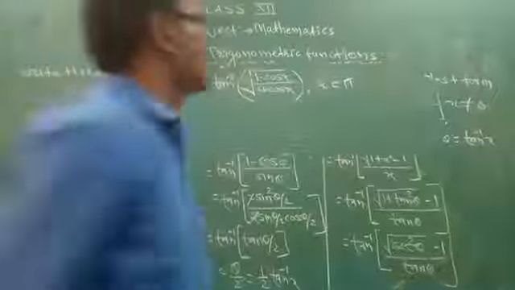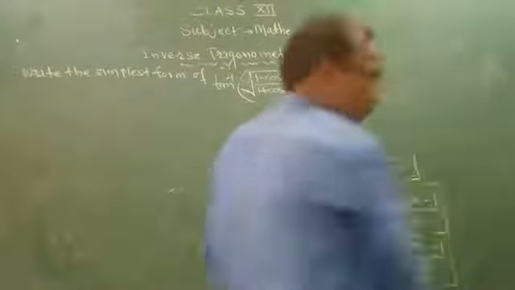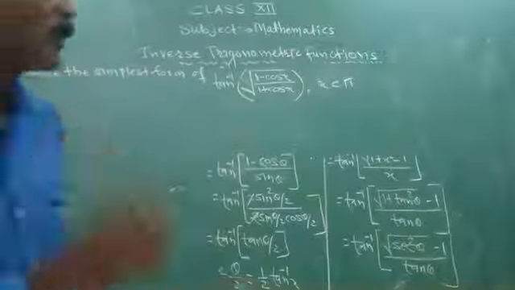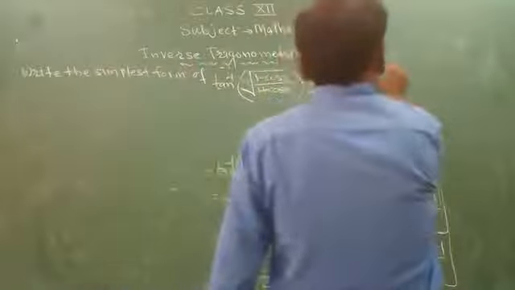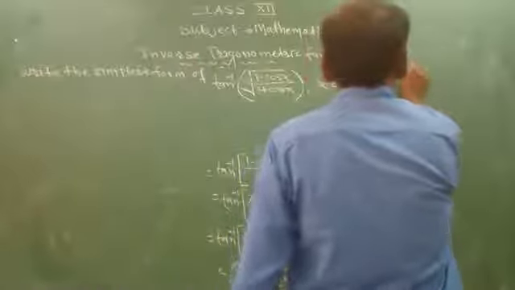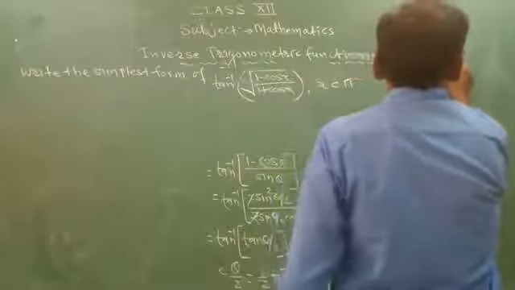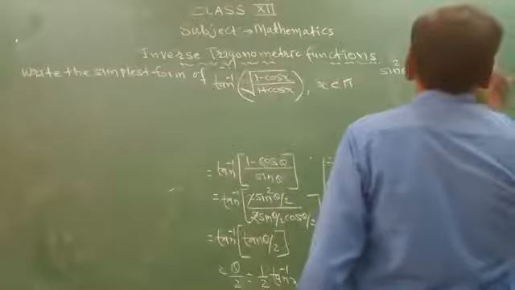Again you can use the same formula here for 1 minus cos x and 1 plus cos x. See here, sin square theta equals (1 minus cos 2 theta) upon 2.